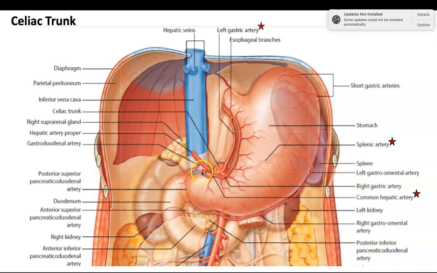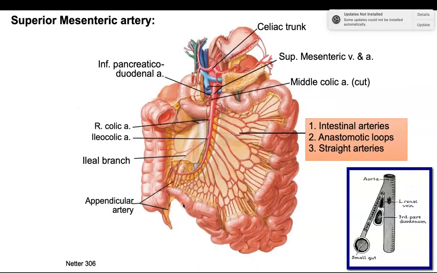So the superior pancreaticoduodenal artery is a branch of the gastroduodenal artery, and the inferior pancreaticoduodenal artery, I will show, is a branch of the superior mesenteric artery, and they anastomose with each other on both the anterior and posterior aspect of the duodenum. Okay, so these are the branches of the celiac trunk.